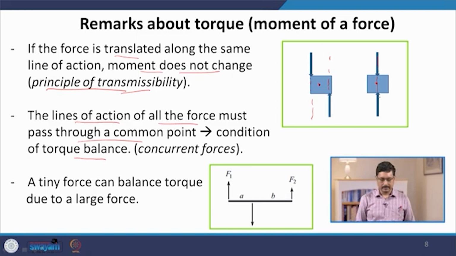So, they will cancel each other. This is a geometrical property of the definition of the torque. I am not going to derive it, but it is very clear from experience. I just want to highlight this.